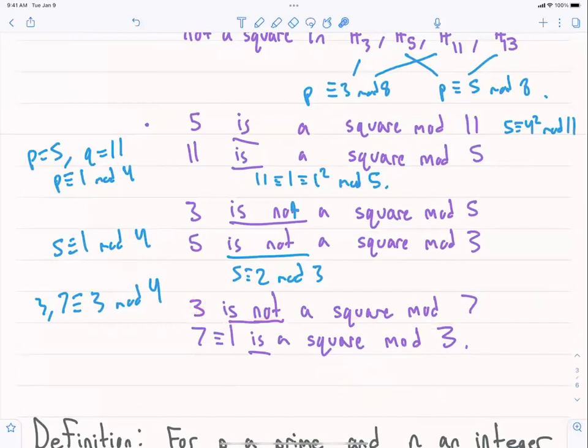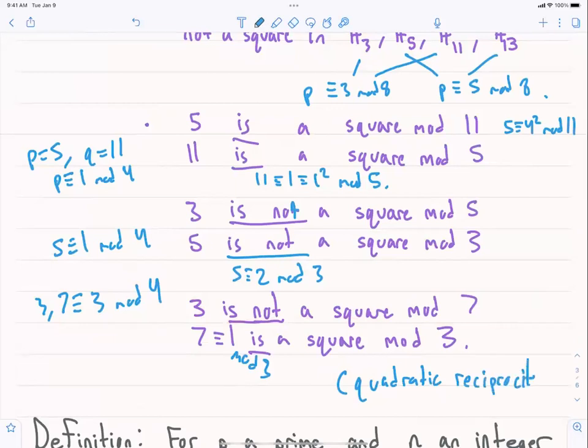In particular, 3 is not a square. But 7, which is congruent to 1 mod 3, is a square, and 1 is 1 squared. So 7 is a square mod 3, but 3 is not a square mod 7. But that's what we're supposed to get. It's supposed to negate when both P and Q are congruent to 3 mod 4. Okay. So this last rule is called quadratic reciprocity.